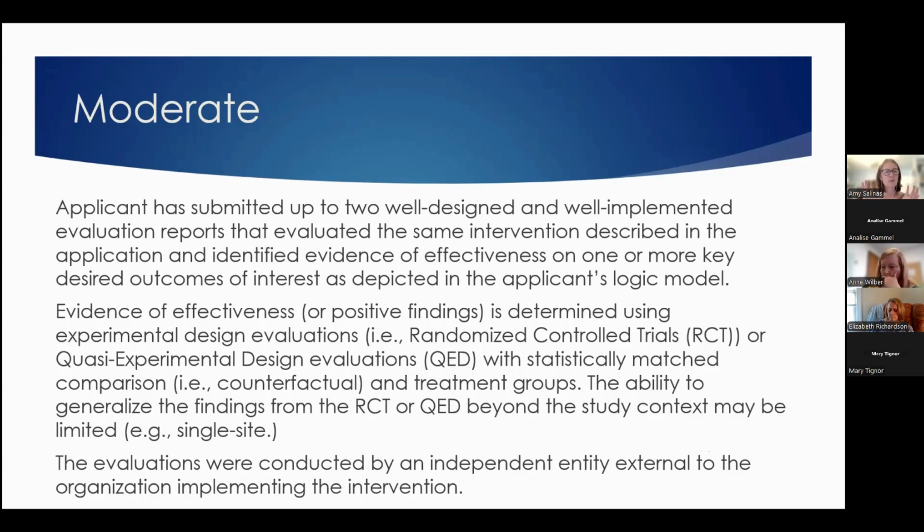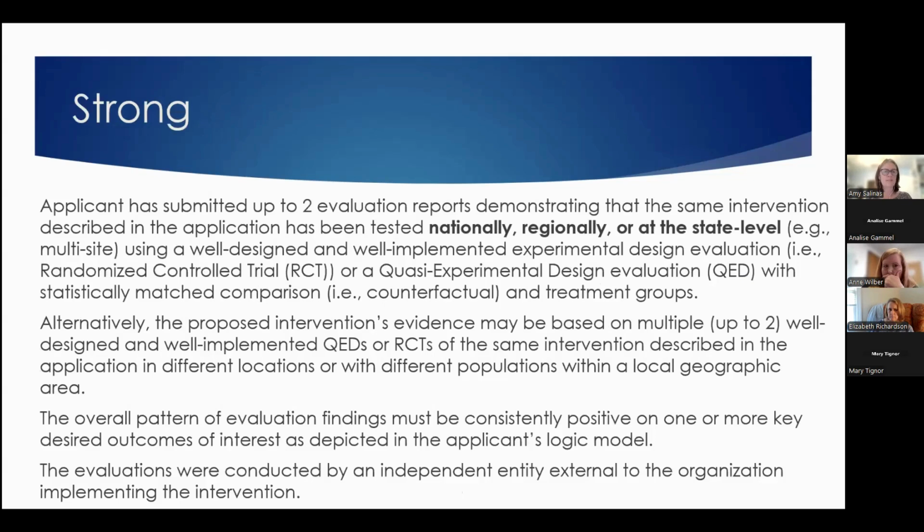Moderate means you've done it within your own community or area. Strong simply means it has a farther reach. You've done it statewide or national or regionally with a few states. So it's the same type of evaluation, but you have a broader scope to talk about it with.